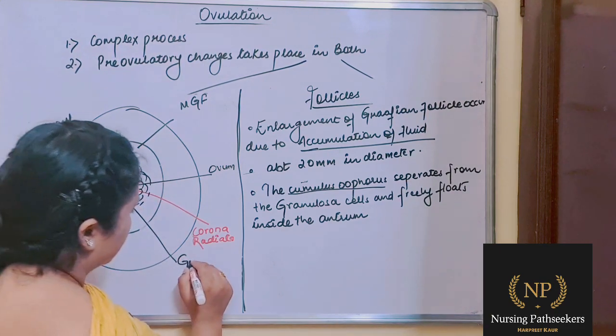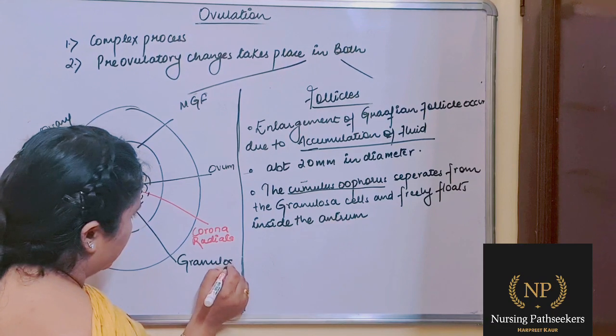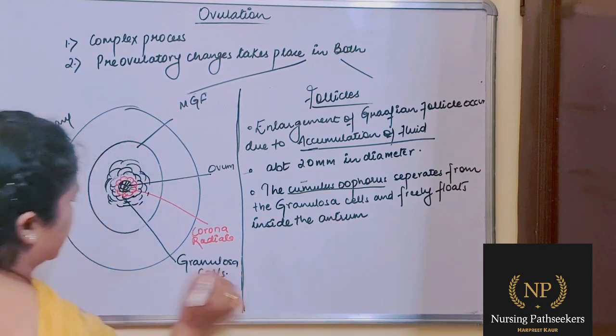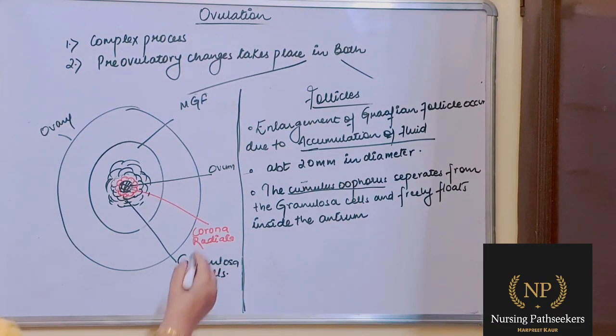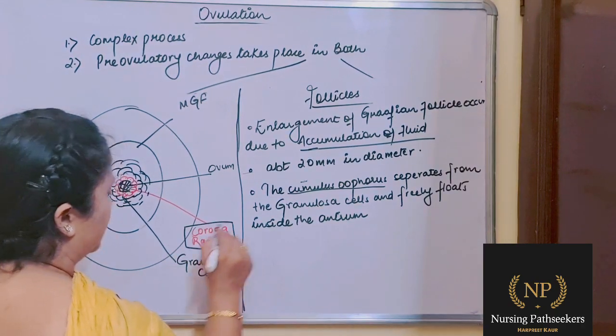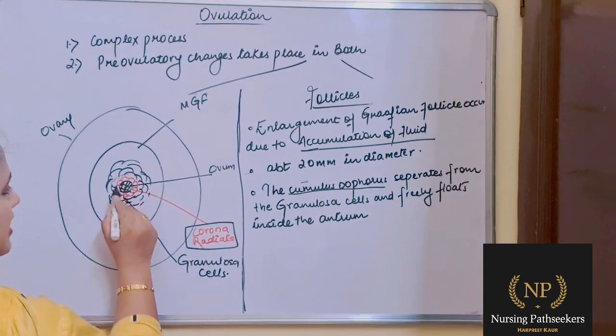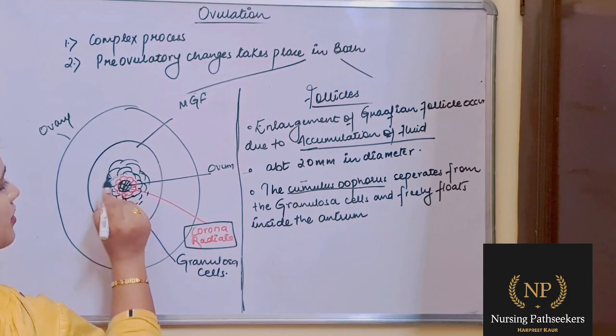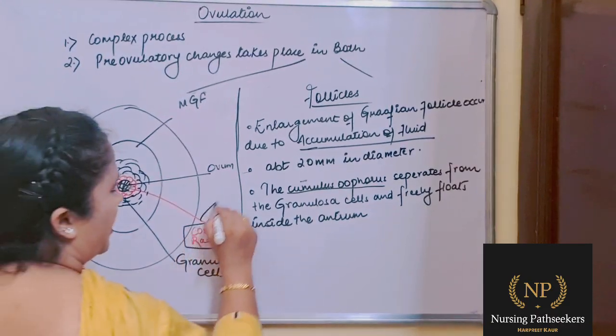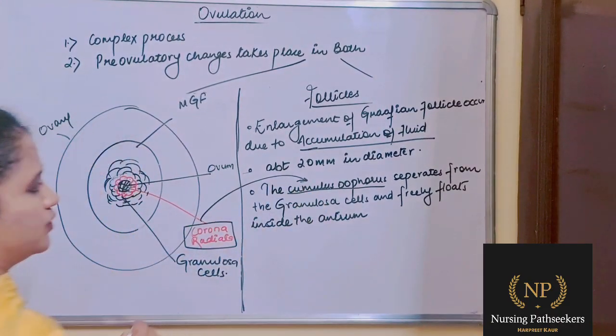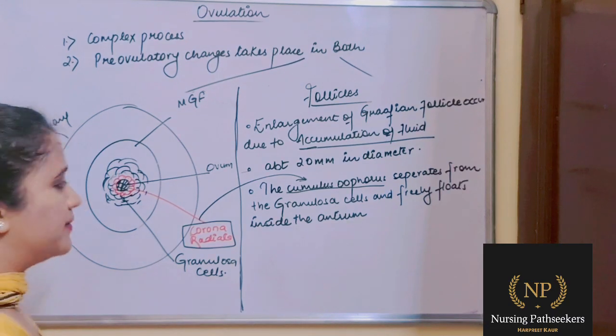These are called granulosa cells, right? Now this corona radiata, the innermost lining that surrounds the ovum, is derived from cumulus oophorus, right?